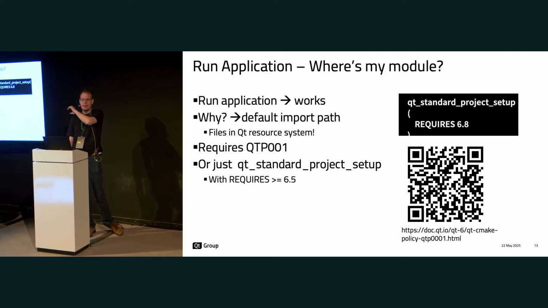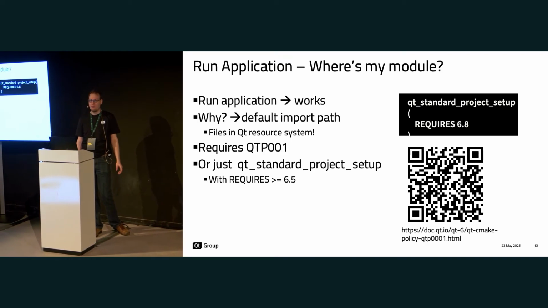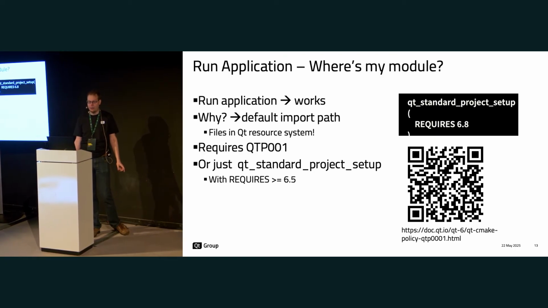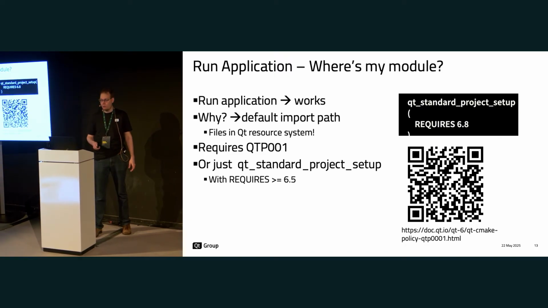You should use the highest number you can. But if you are stuck with 6.5, all of the functionality is already available there, and you can just use 6.5. The issue is if you do require 6.8 in a 6.5 project, well, it requires 6.8, so it will error out. And if you want to learn more about that policy, you can follow that link.